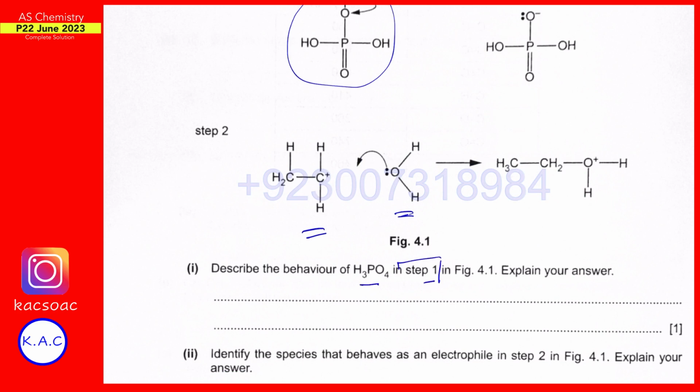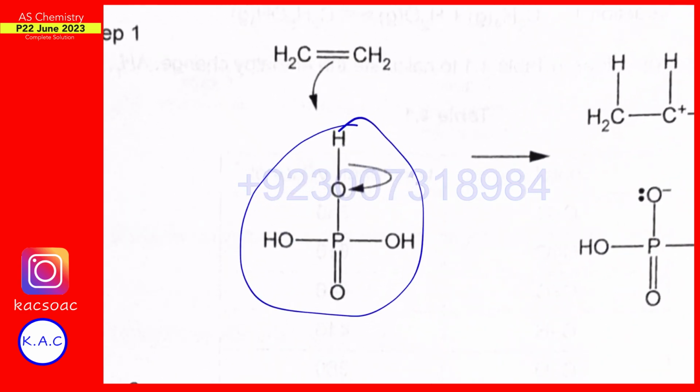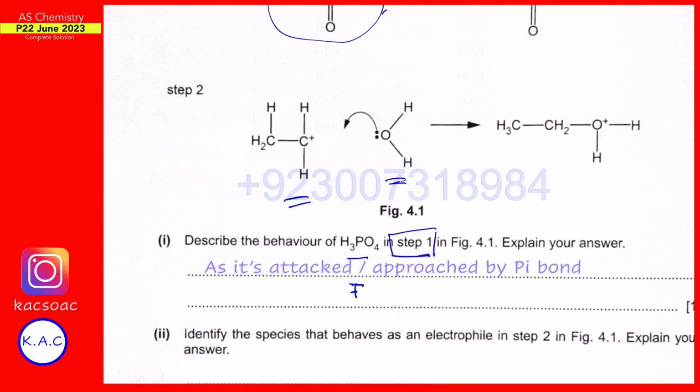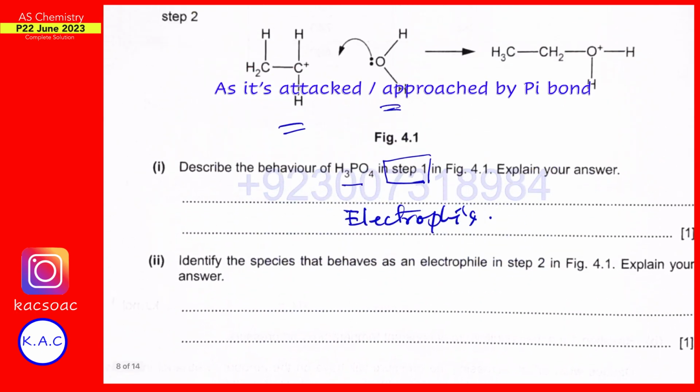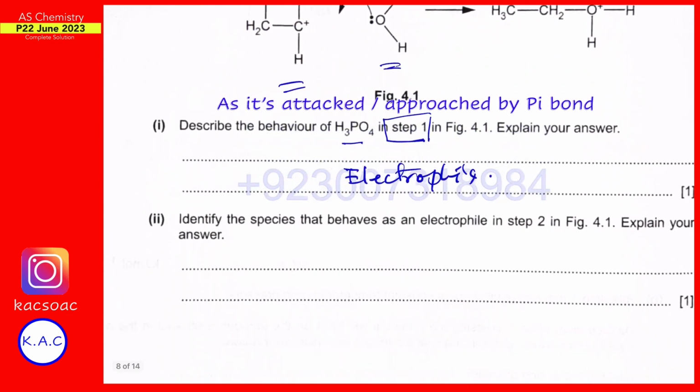He is asking just in step 1, and this is under attack by these pi bonds, pi electrons. So this is acting as electrophile. This is behaving as electrophile in step number 1, as it is reacting with the carbon-carbon double bond.